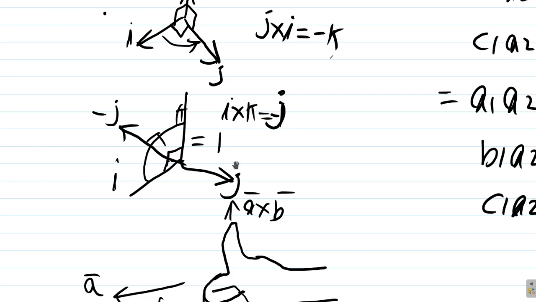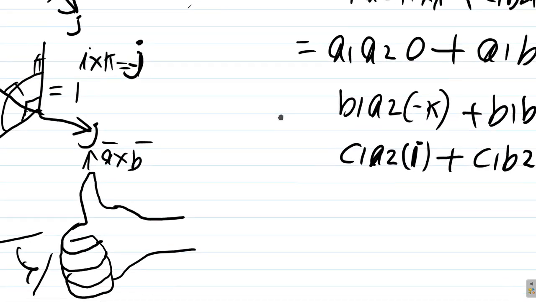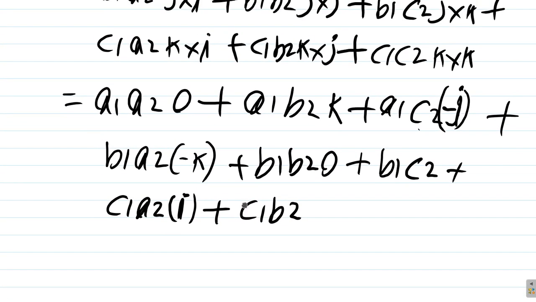Your thumb is in the opposite direction as I. Right? So, see, like C1B2 would give you a negative I. Right? Plus C1C2 KK, that's C1C2. You have a 0 there.